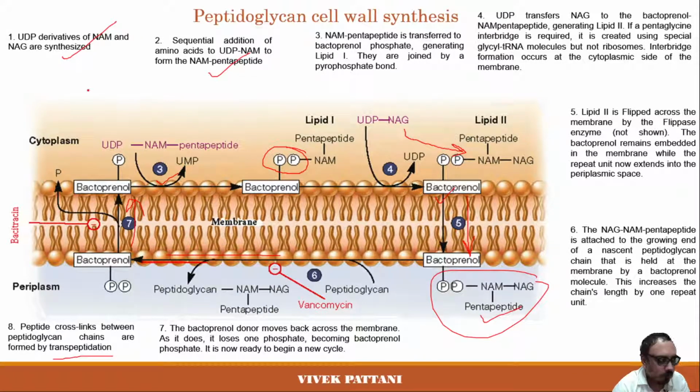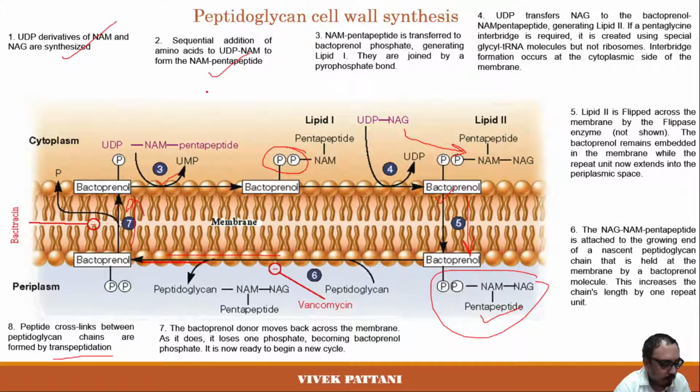I am repeating the whole process again. The process starts with the formation of derivatives of NAM and NAG, which are N-acetylmuramic acid and N-acetyl glucosamine, where UDP is uridine diphosphate. Upon the formation of UDP-NAM, 5 amino acids are added sequentially.